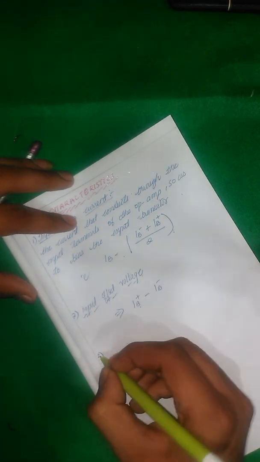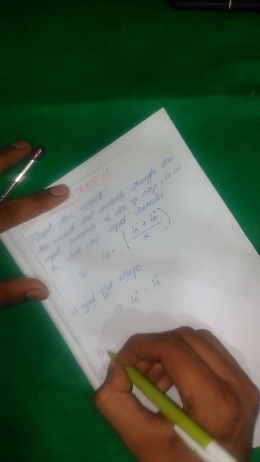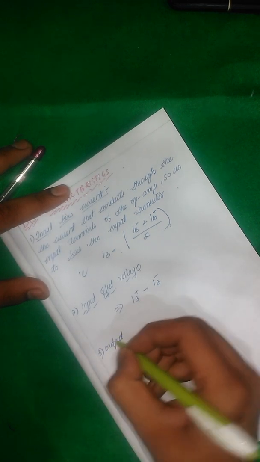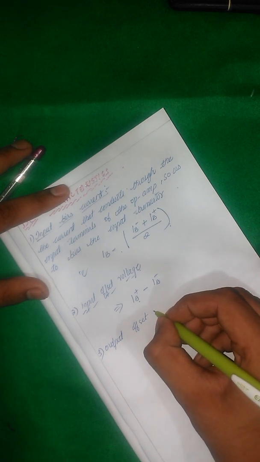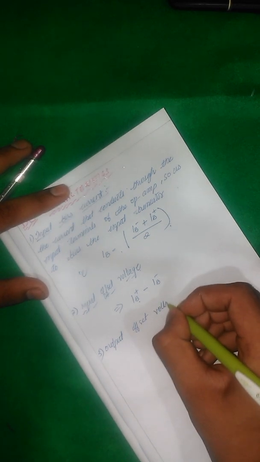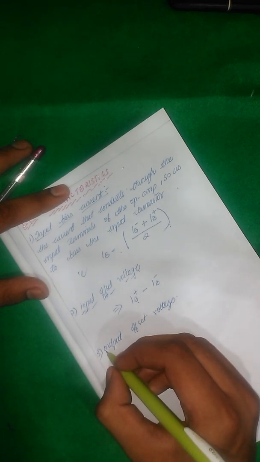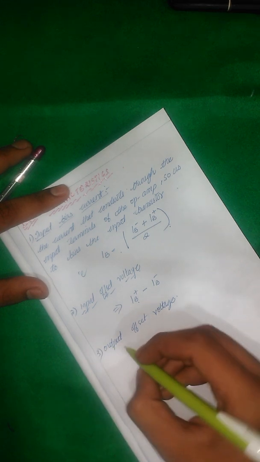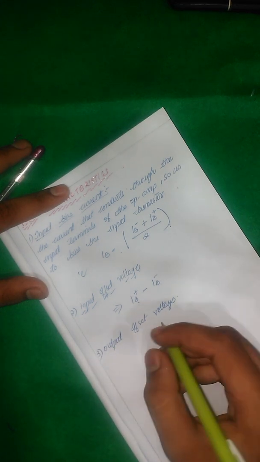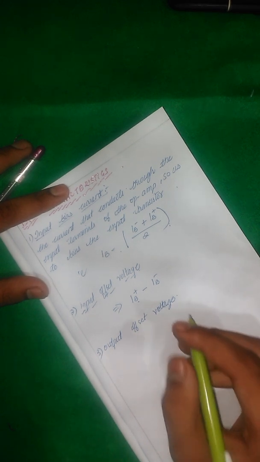The third one is output offset voltage. Output offset voltage is the output voltage produced due to the input bias current or the input offset voltage.